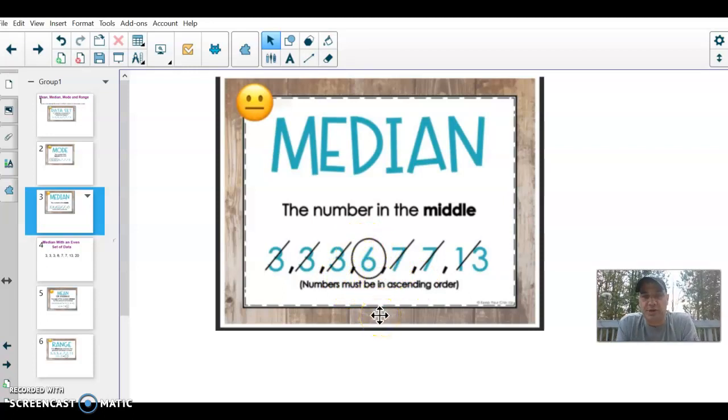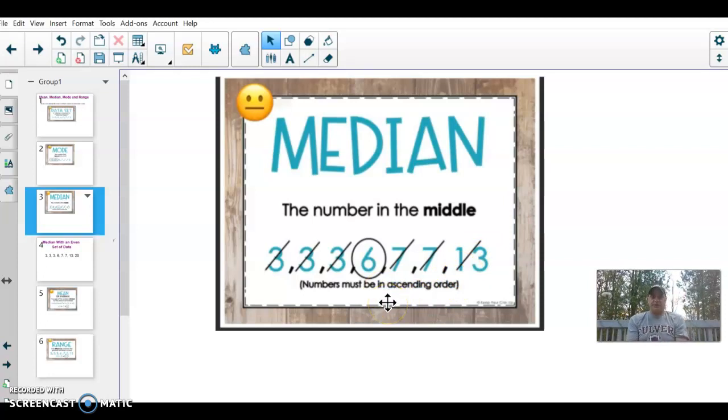Now it's important that numbers be in ascending order. That means going from least to greatest when we're finding the median. Okay, so we can't leave them in a random order. Very important. Again, I've got 3 on each side. If you think of a seesaw, it's balanced right in the middle. So 6 is in the middle. It's the median. All right. I like to be careful and cross off and work my way into the middle.